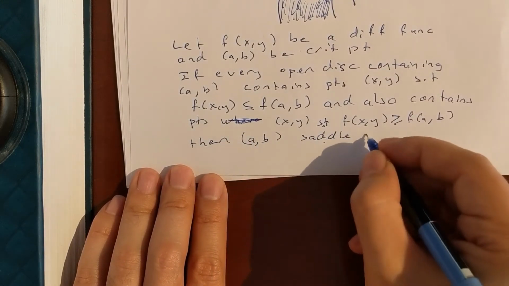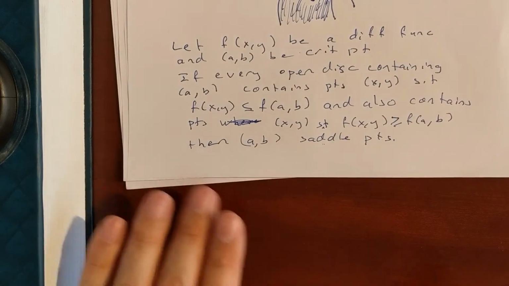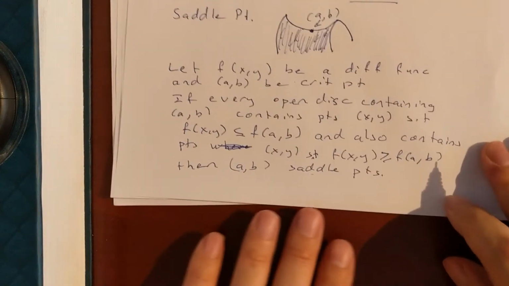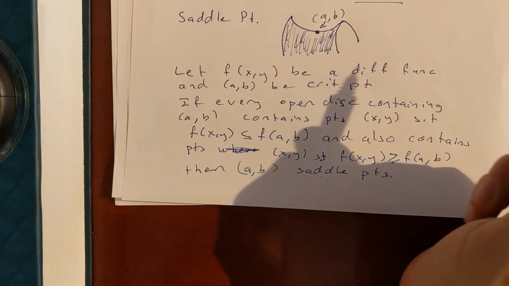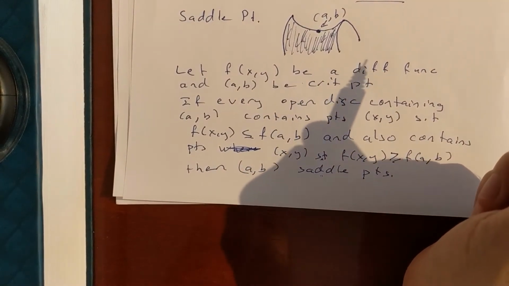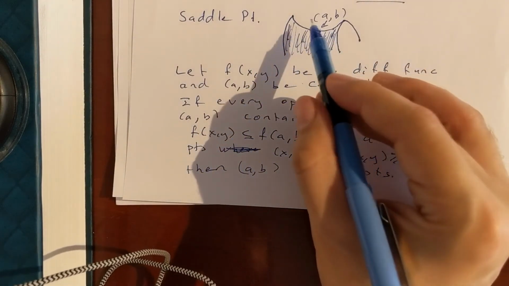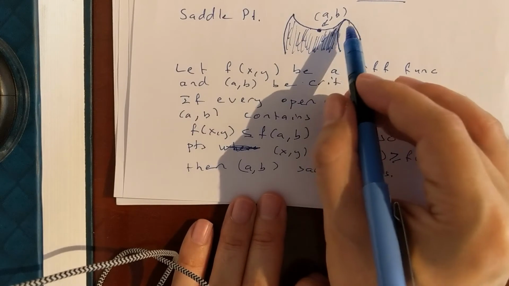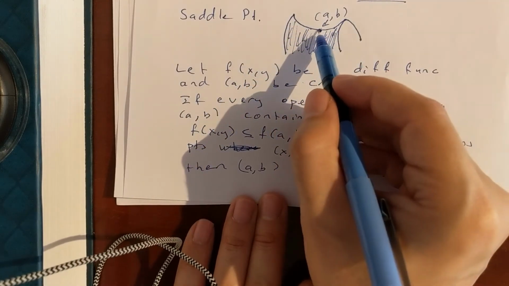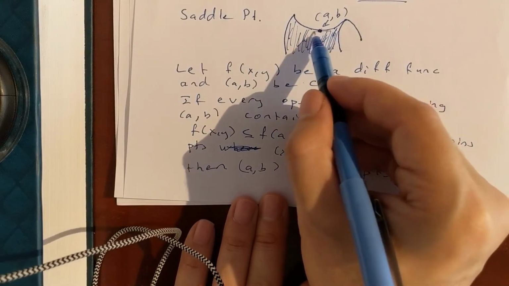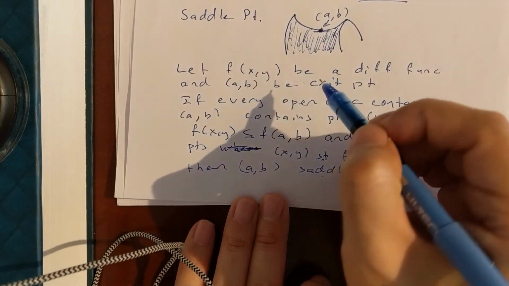Okay, so this is bad news. We're going to handle it very easily later on, but right now it looks like bad news. Let me tell you why. Because we got this idea: I'm going to do the x derivative, I'm going to do the y derivative. If they're equal to 0, this is going to be some kind of maximum or minimum in our heads. But here, as you can see, if you do the derivative in the x direction, the tangent is going to be here, and that's going to be 0.